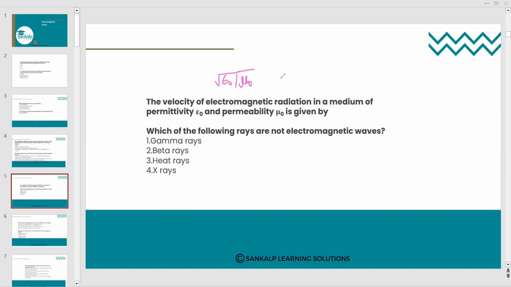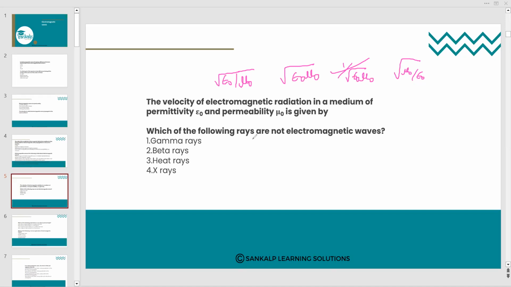Option B is under root of epsilon naught into mu naught. Option C is 1 divided by under root of epsilon naught into mu naught. And option D is under root of mu naught divided by epsilon naught. So option C is right, it is given by 1 upon under root of epsilon naught into mu naught.